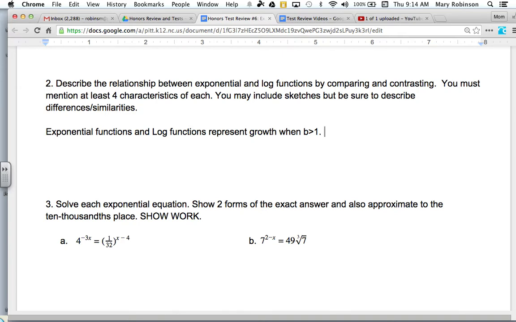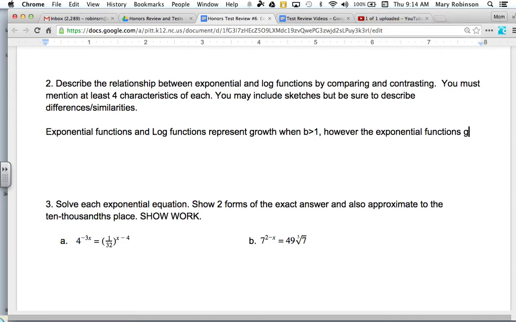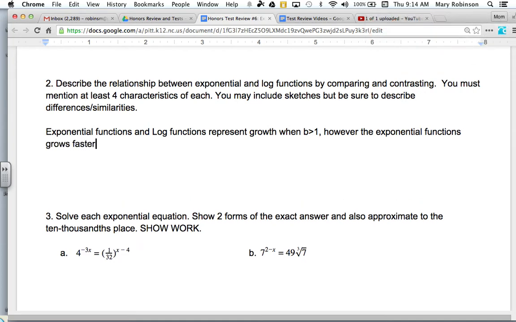So we could say that, I'll just add on to this sentence and say, however, the exponential function grows faster while the log function grows slower.